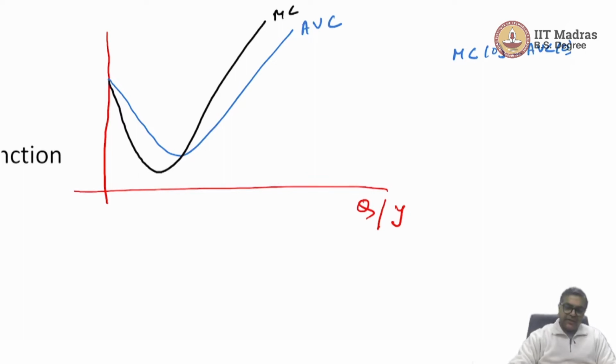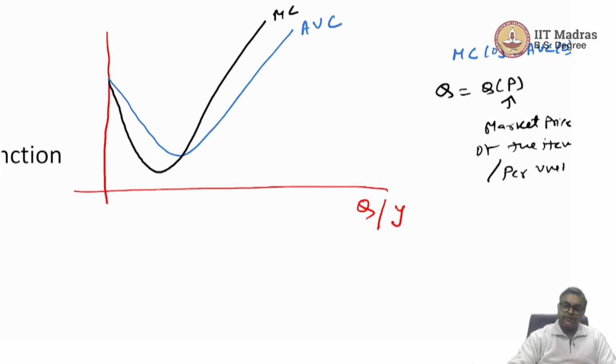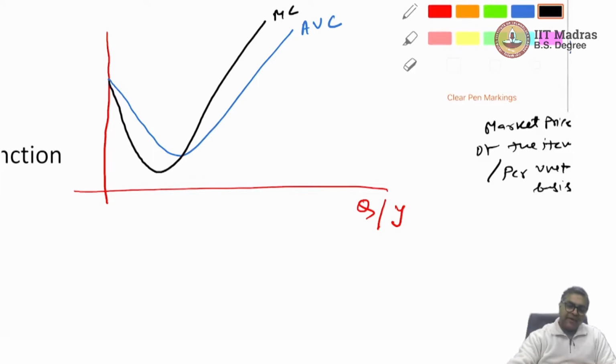So, we said that for supply function we need to give Q as a function of P, and this P is the market price of the item on a per unit basis. Of course, we already know the higher the price, the higher the willingness to supply, but using this graph we were able to quantify it clearly.